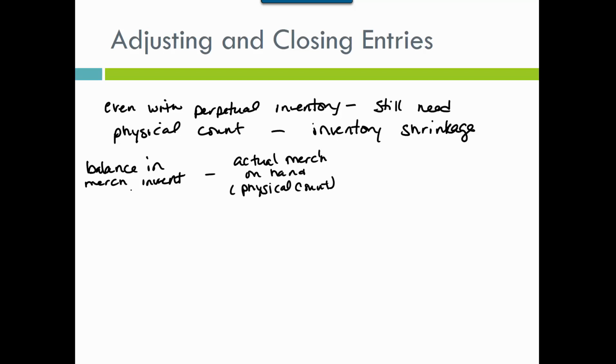The balance in merchandise inventory is what we should have. The actual merchandise is what we have. And so the difference between the two is going to be the amount of your adjusting entry.